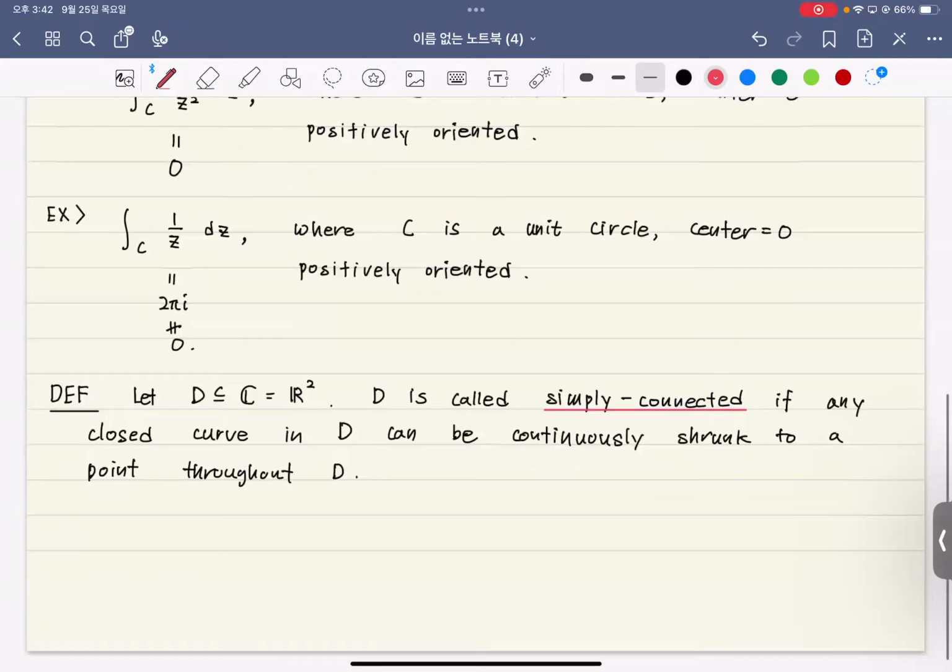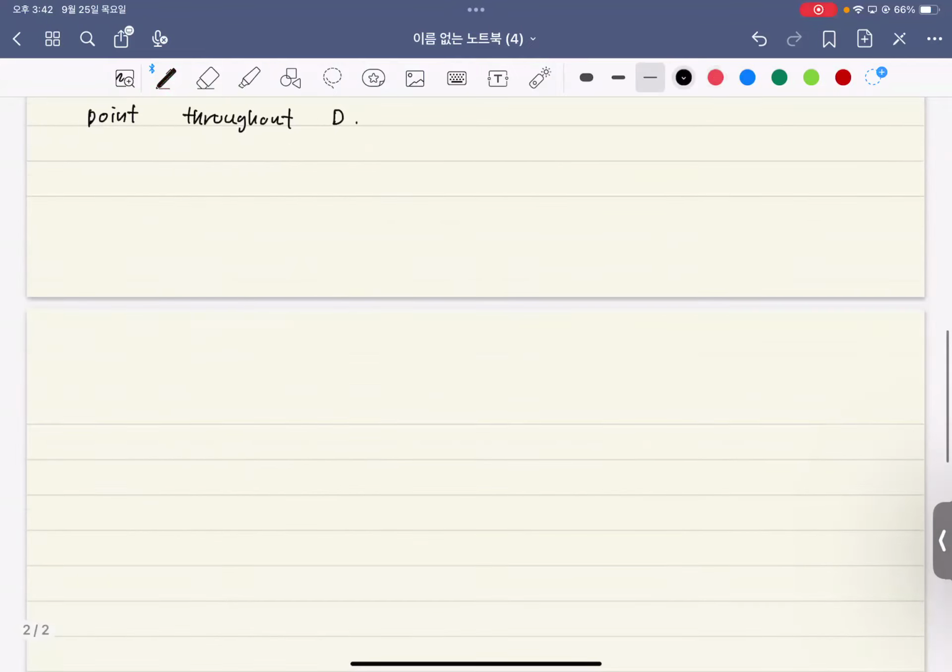Okay, now we are turning to the next section, which is 14.2, whose title is Cauchy's integral formula.